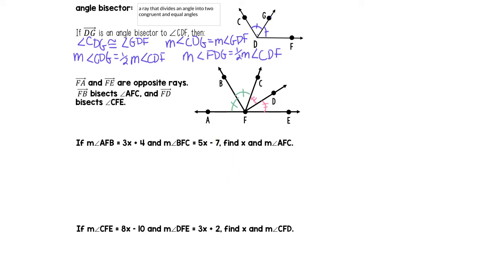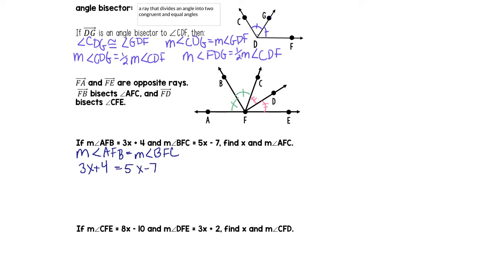Well, we know that the measure of angle AFB is equal to the measure of angle BFC, because they are bisected by ray FB. So we'll plug in what AFB and BFC are. We've got 3x plus 4 equals 5x minus 7.